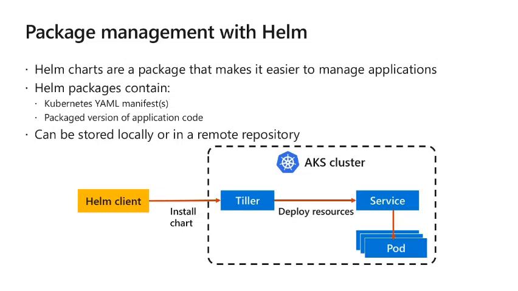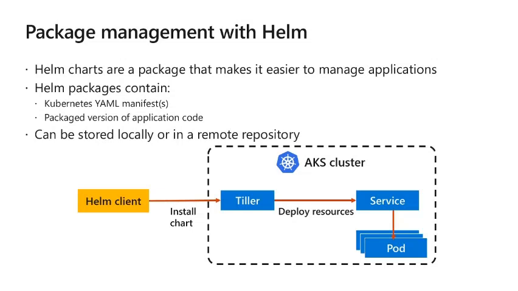A common approach to managing applications in Kubernetes is to use Helm. You can build and use existing public Helm charts that contain a packaged version of application code and Kubernetes YAML manifests to deploy resources. These Helm charts can be stored locally or in a remote repository, as I said, such as a container registry Helm chart repo.